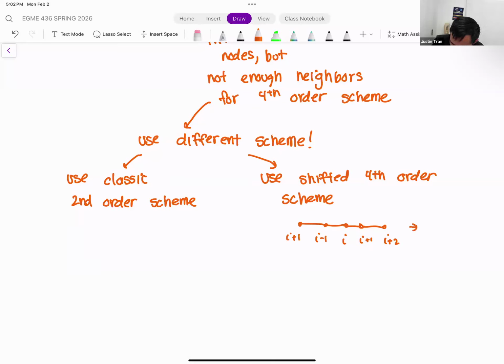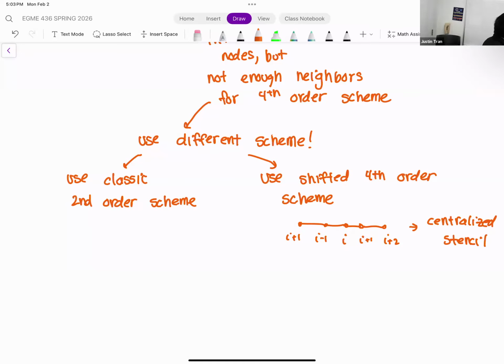So this is our centralized stencil, where we have to involve 5 nodes, and the 5 nodes are centered on node I.